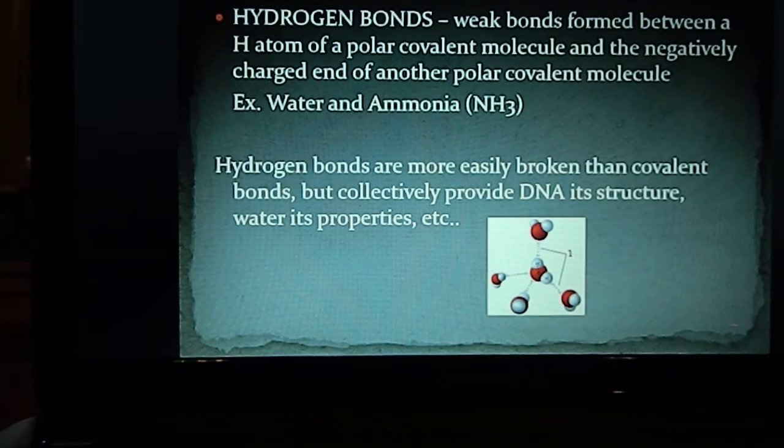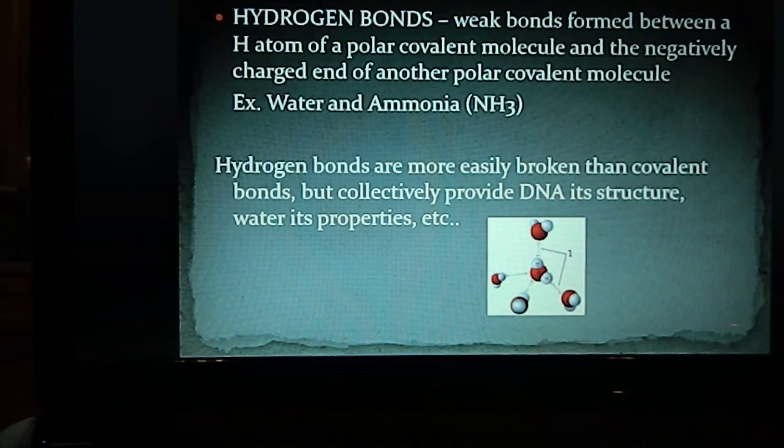So hydrogen bonds are really important. In the diagram you can see the red being the oxygen. This is water, but if you take the positive ends, which are the protons, they would be connecting to the red ends of the oxygen, so they just stick together to form large amounts of water, right?